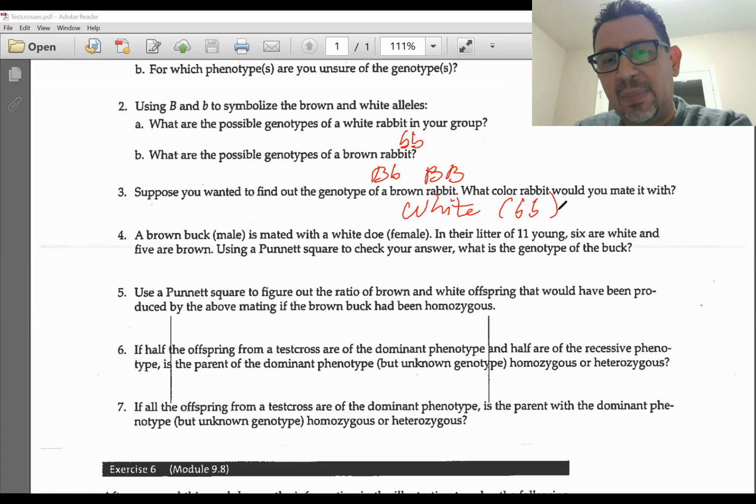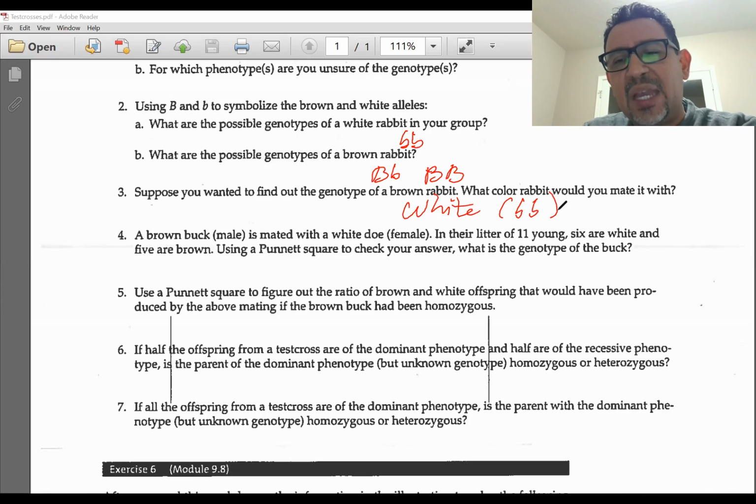Let's look at the next question. A brown buck, remember I told you before, that's what we call male rabbits, is mated with a white doe, that's a female rabbit. In their litter of 11 young, 6 are white and 5 are brown. Use a Punnett square to check your answer. What is the genotype of the buck? Do we even need to do a Punnett square in this case?